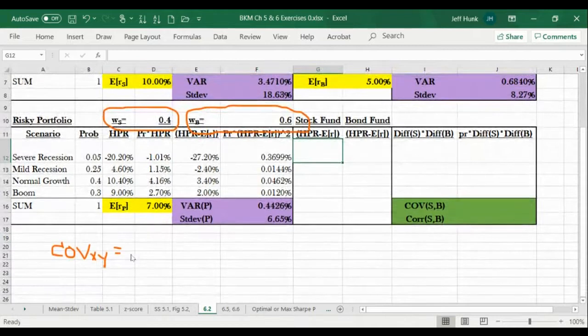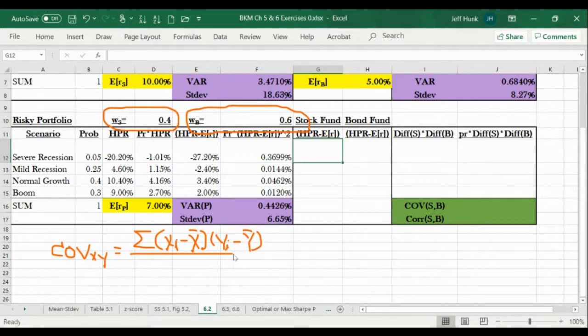Covariance of x and y is what? Instead of the sum of squared, it's xi minus x bar times yi minus y bar, right?